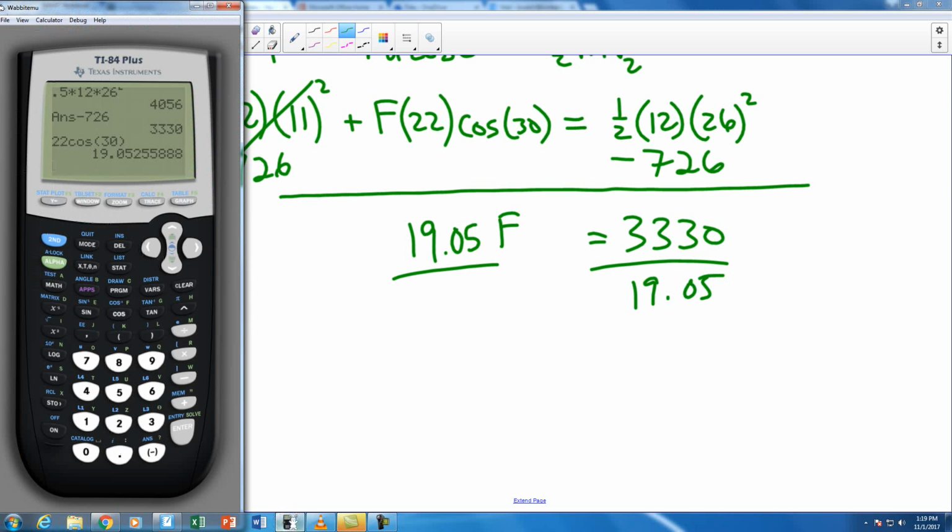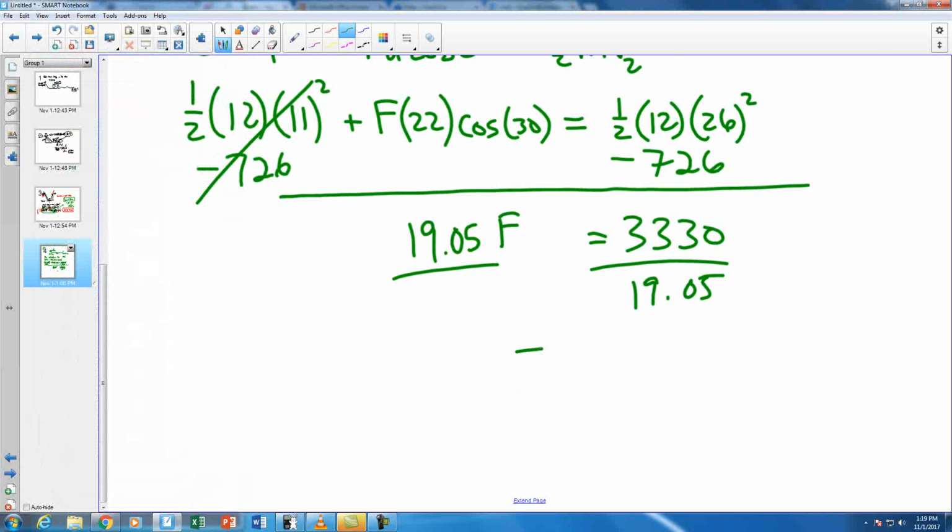I'm going to take 3330 divided by the previous answer, and I will get 175. So the force here would be 175 newtons.